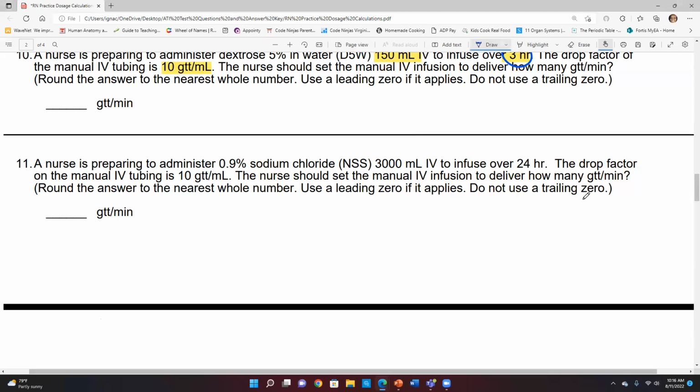All right. So hopefully you're able to set this up okay. Let's remind ourselves of the formula, and I'll write it down here.